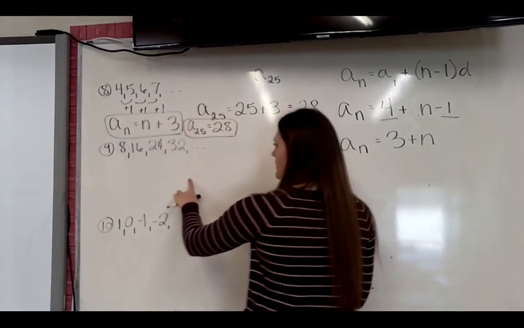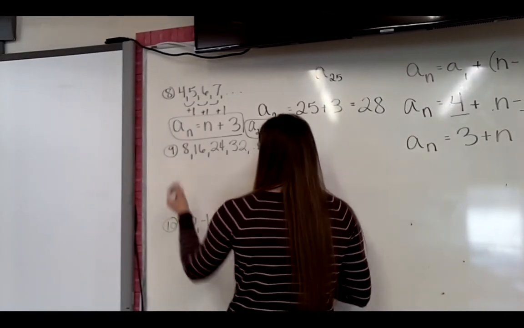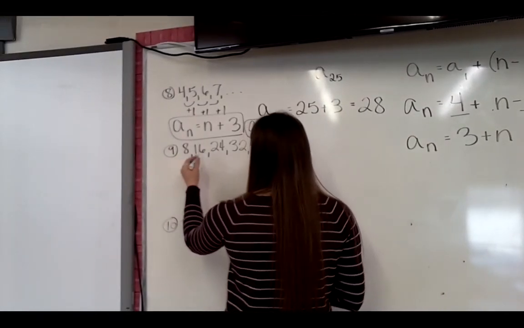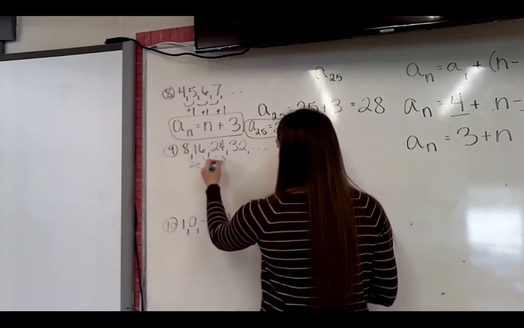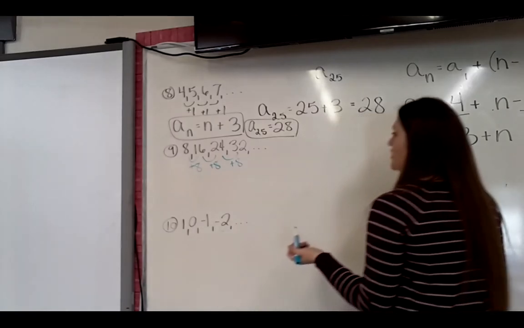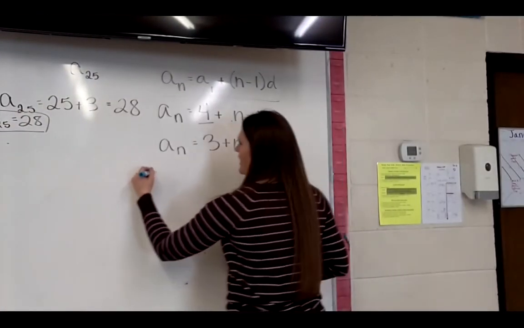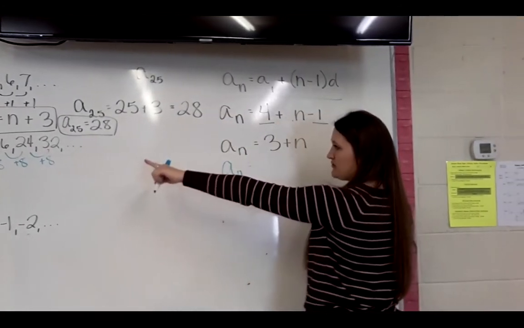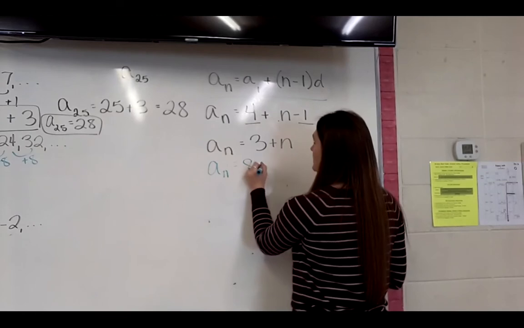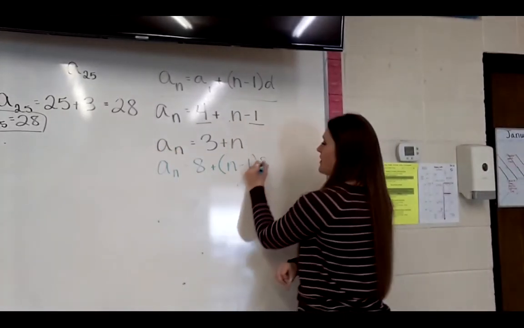Okay, so now for number 9, I'll switch colors. We are adding 8, 16 to 24, still adding 8. We're adding 8 each time. So when I come over here to this original formula, a sub n equals my first term, which is 8, plus n minus 1 times the difference we got each time, which was 8.